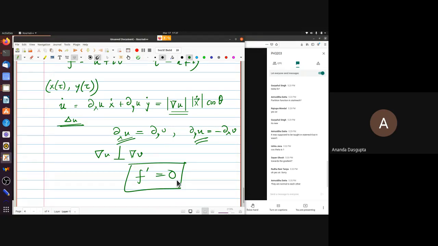Okay, now I'm going to give you a hint. This is something which you should try working out yourself. You're free to deform your contour any way you want.